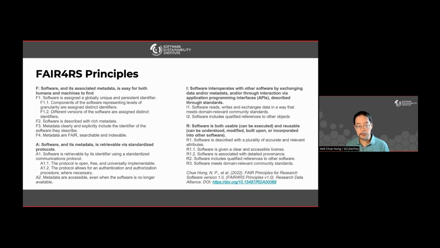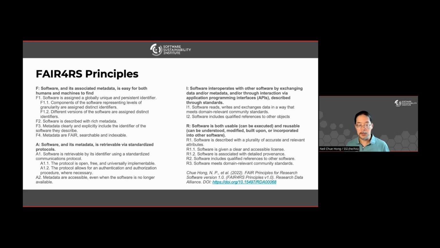And there are a number of different ways that can be applied to do this, from making sure that it has a clear and accessible license to making sure that it is well described. But then a lot of things are encapsulated in this last one, R3, that software meets domain relevant community standards.